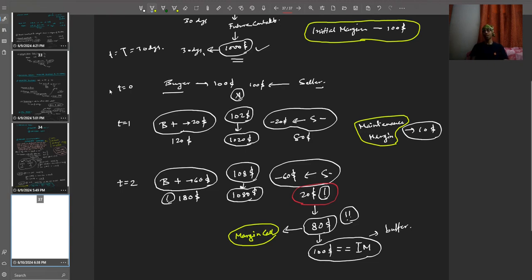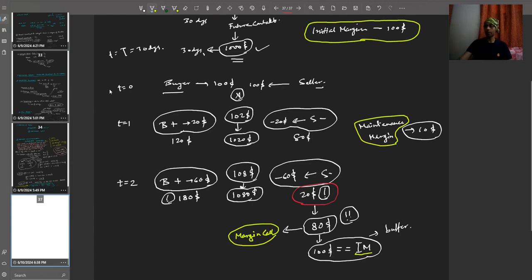Now, what is margin call? Margin call is when the balance in the account falls below the maintenance margin. There is a requirement that one has to refill the account so that it reaches back to the initial margin, not the maintenance margin. This phenomenon is called the margin call.